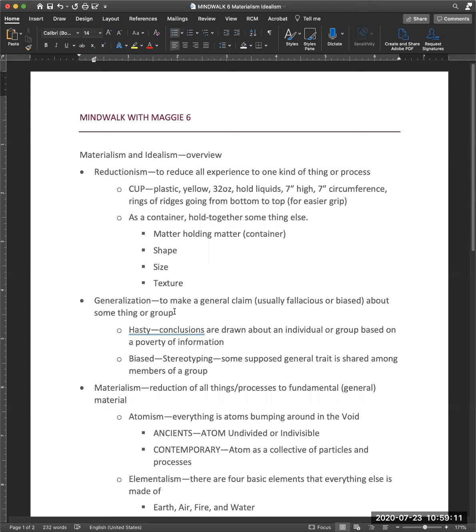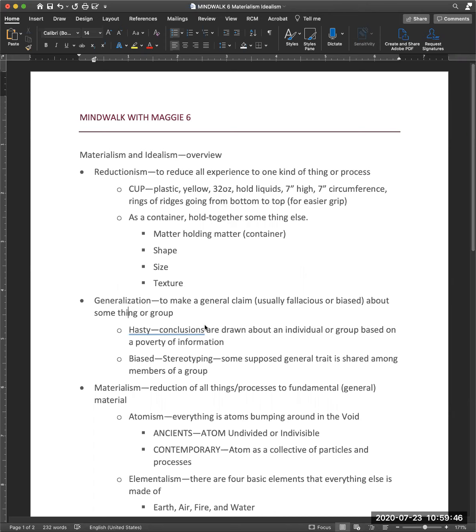And the problem with bad generalizations or dangerous generalizations is you make a general claim, usually fallacious or biased, about something or some group, right? And so I talked the other day about hasty generalizations, that if you have one, conclusions are drawn about an individual or group based on a poverty of information. That means you're not very well informed, but you make huge sweeping generalizations quickly, hastily.